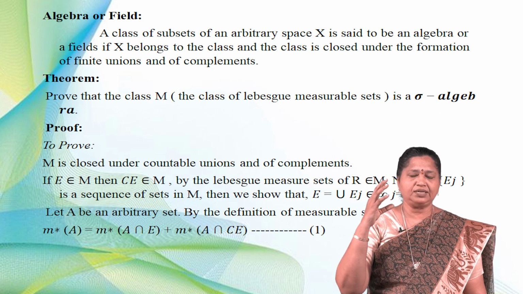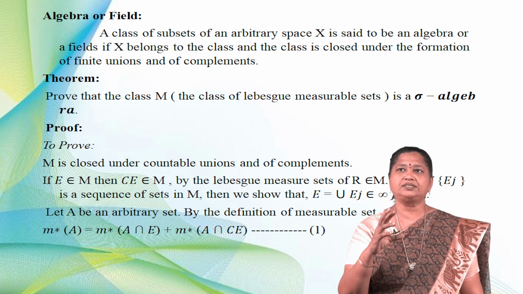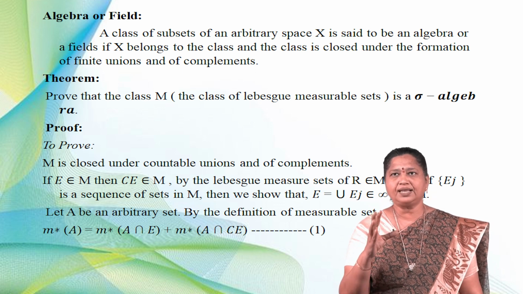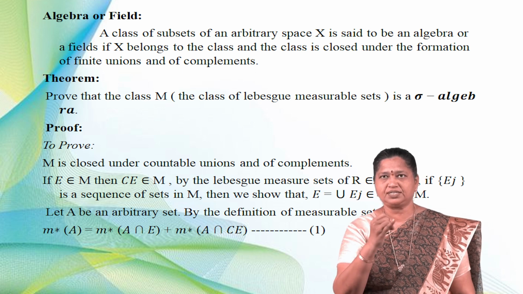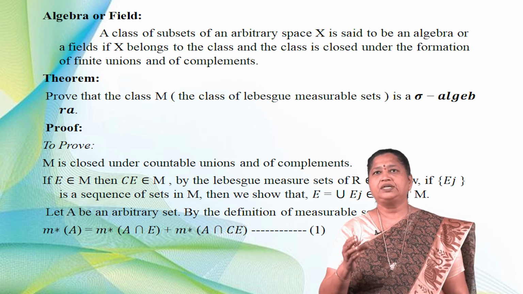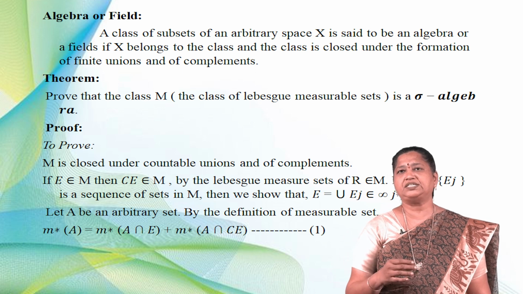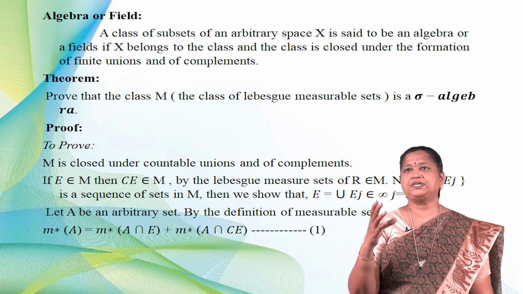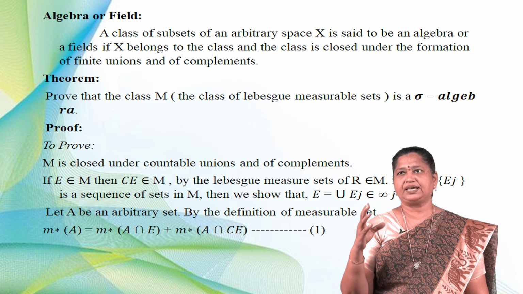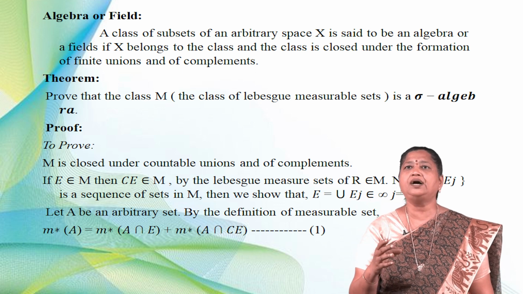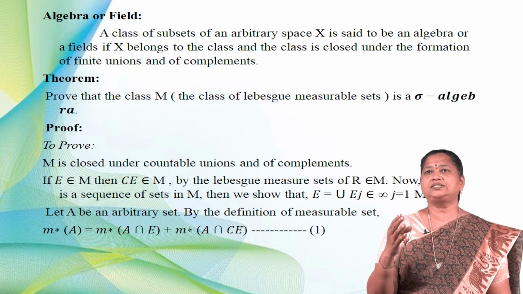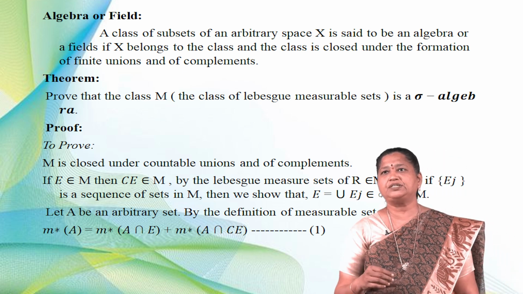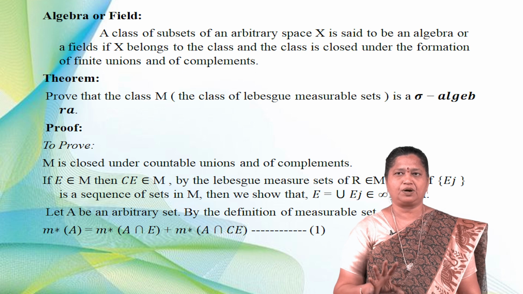In sigma-algebra, it is the countable one; here the algebra is a finite one. That is the difference between sigma-algebra and algebra. Now we will see the algebra definition. A class of subsets of an arbitrary space X is said to be an algebra or a field if X belongs to the class and the class is closed under the formation of finite unions and complements.